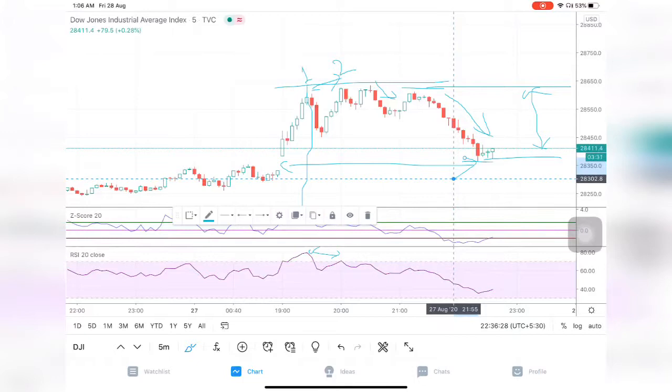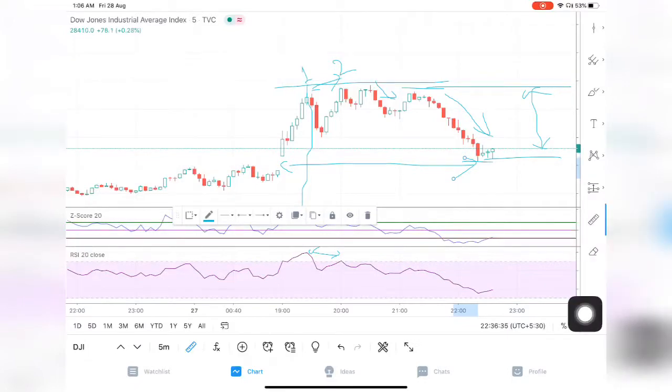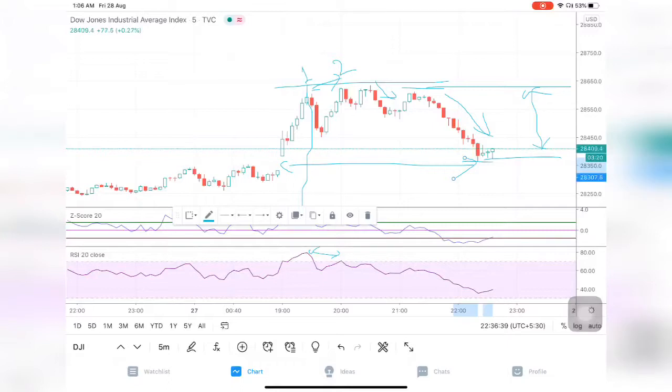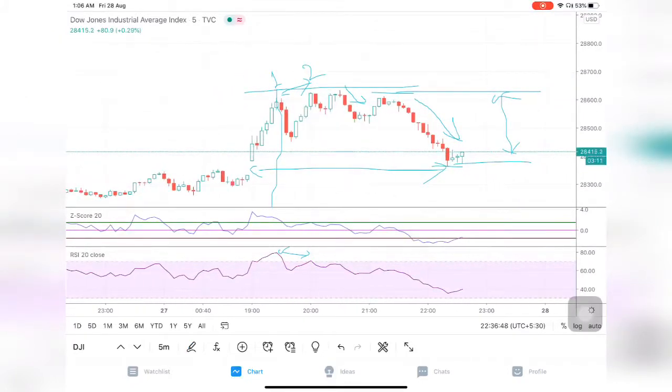Okay, how many candles? If you count, then you see. Okay, let me just see it. It's like 19 hours till, let's say, 22 or 22:30.